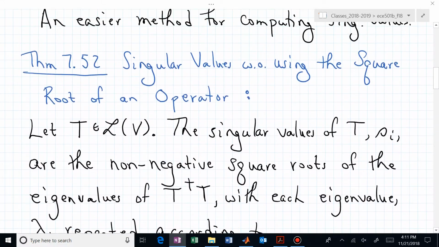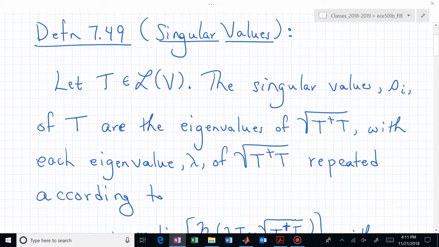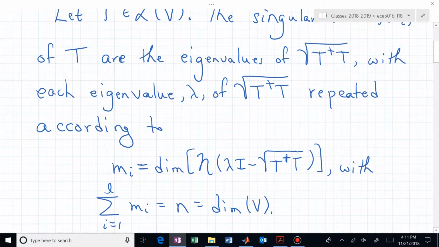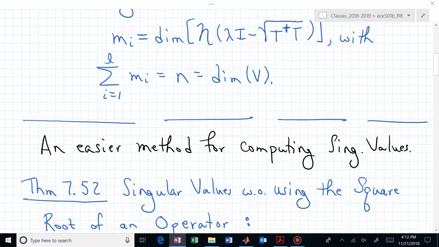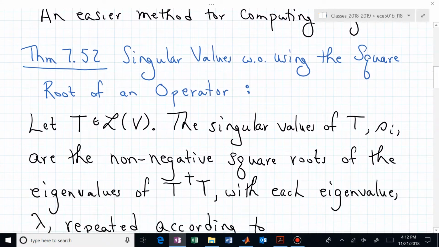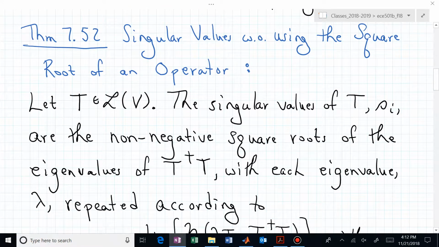In order to find the singular values, we can either use our definition and find the eigenvalues of the operator defined by the square root of this positive operator T dagger T, or we could use Theorem 52 and simply take the square root of the eigenvalues of the positive operator T dagger T.